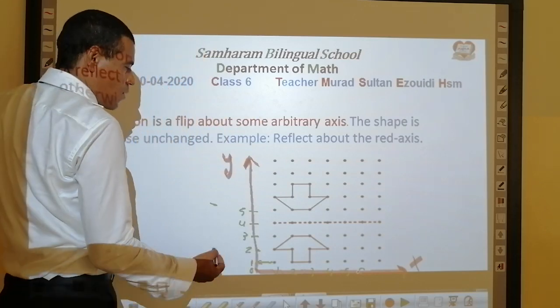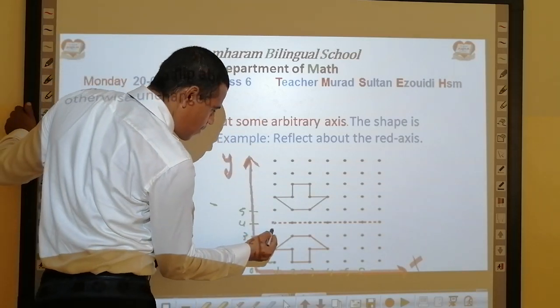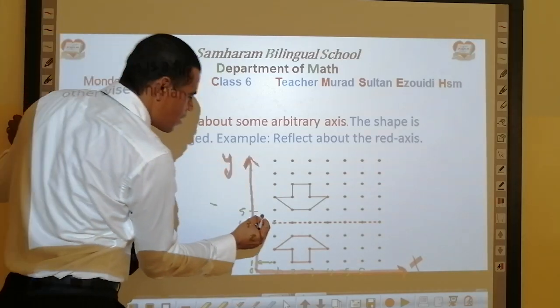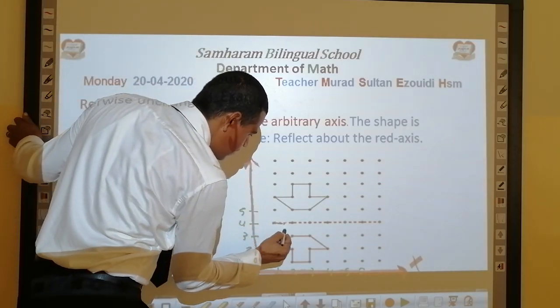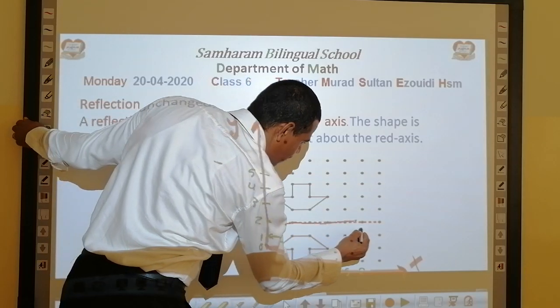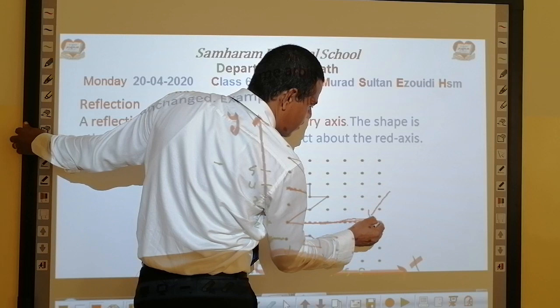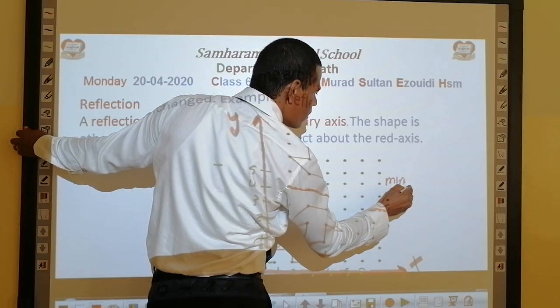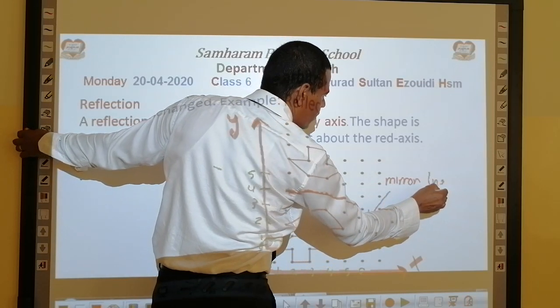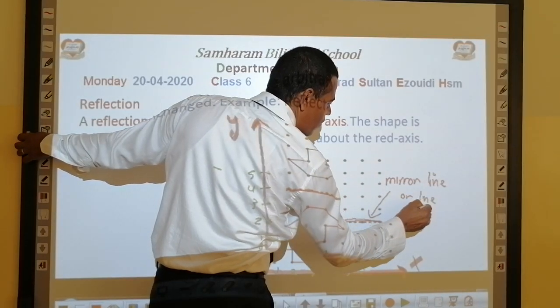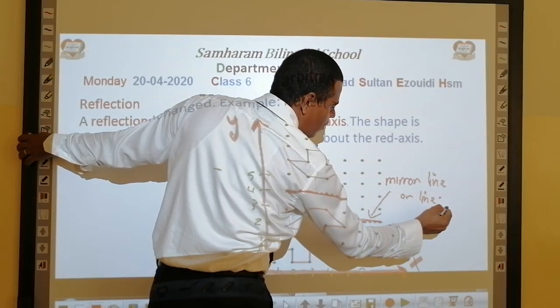Okay. So, what is this? This is the mirror line or line of reflection. I will write it here: mirror line or line of reflection.